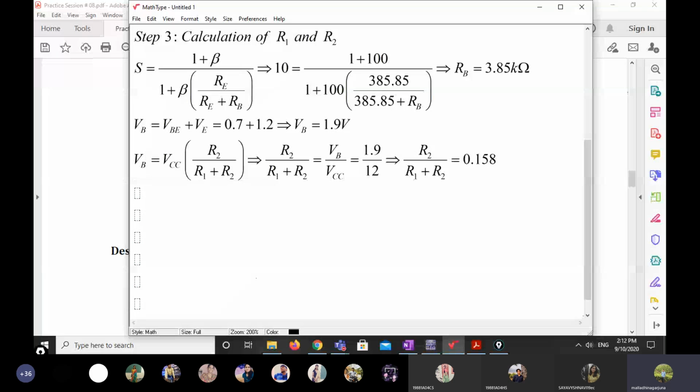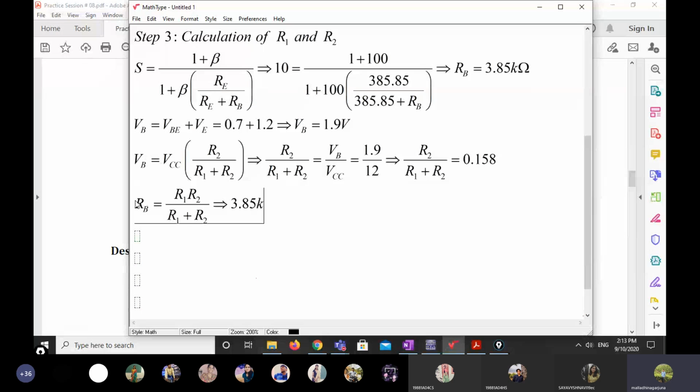Fine. The next one is, RB is equal to what? RB equal to R1 into R2 by R1 plus R2. Okay, so RB is equal to 3.85K.